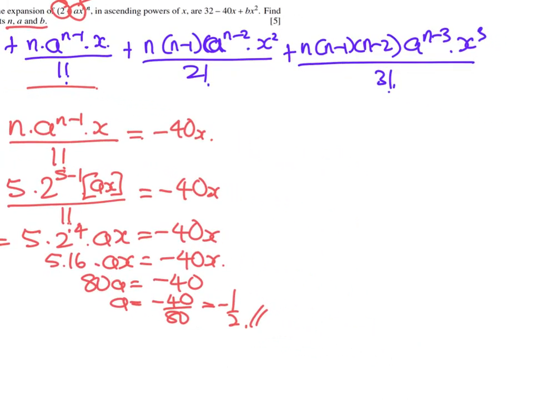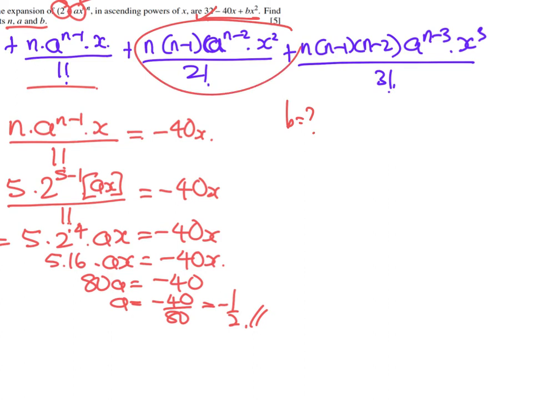Now, the third value is b. In the binomial expansion given here, we only have three terms. 32 is the first term, negative 40x is the second term, and the third term is bx squared. So the third term is this formula here.